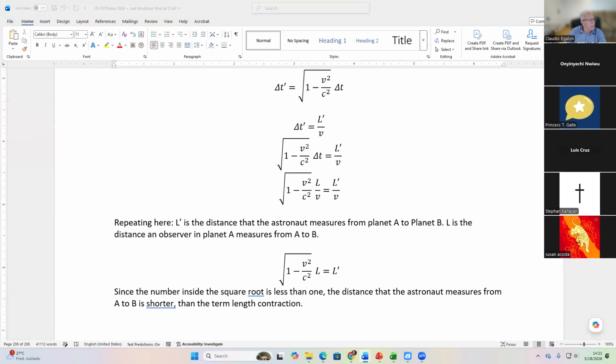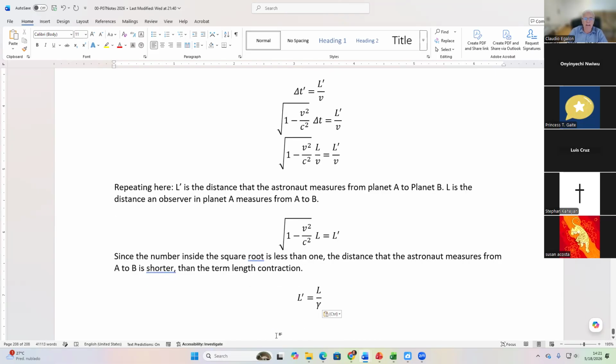So another way of expressing this L prime is in terms of gamma. 1 divided by the square root is gamma.